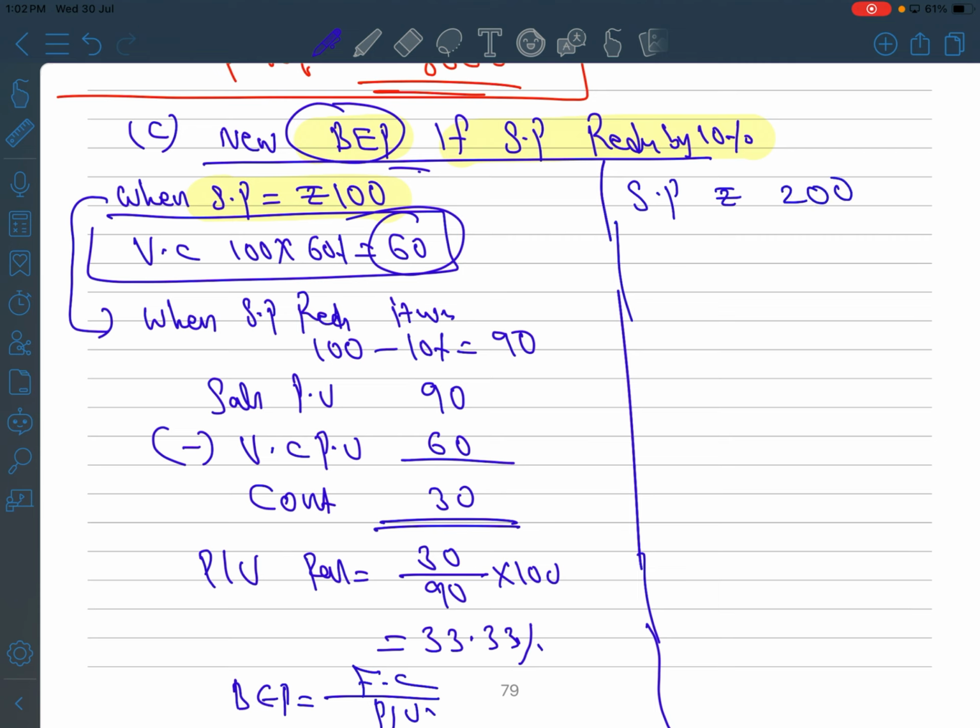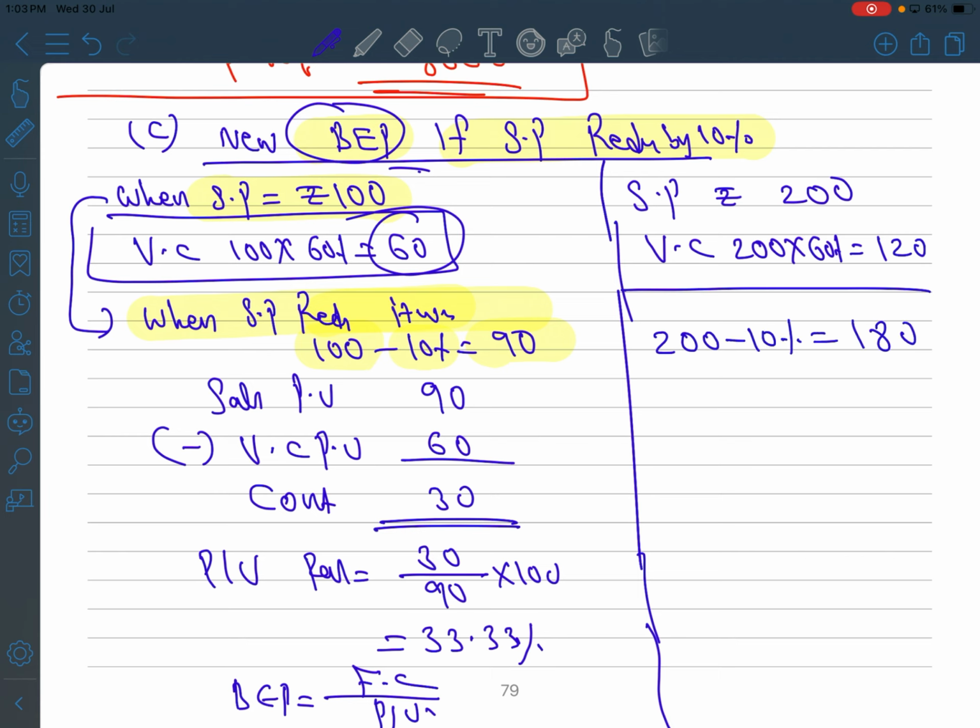Okay, then variable cost is equal to 200 into 60% is equal to 120. Am I correct? Yeah. When the selling price is reduced, what will happen? Here, instead of 100 minus 10% is 90, what should I do? 200 minus 10% is equal to 180. Am I correct? Up to this very perfect.